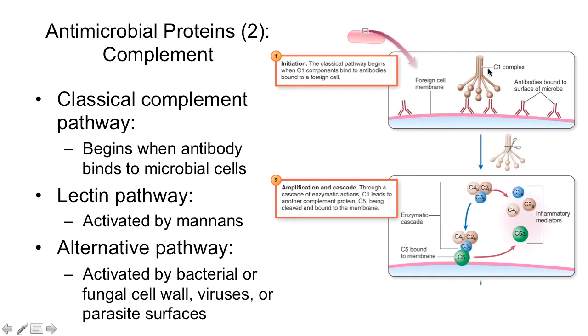An initiation is going to induce, in the classical pathway, for example, the activation of the C1 complex molecule, which, as you can appreciate in this picture, looks like a little octopus with many arms. Those are able to bind to antibodies, and when they bind to antibodies, they're going to initiate the cascade. That will be the triggering mechanism. The cascade becomes active, and in here you have multiple proteins, some of them called C2a, C2b, C3a, C3b, C4, C5, C5a, and C5b.